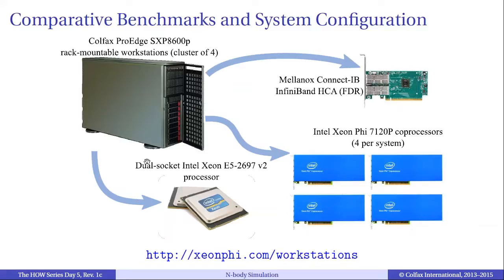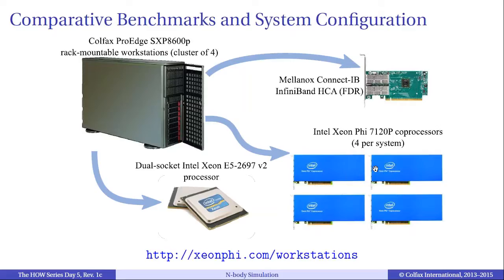So I mentioned we are going to use this computer. This is a computer built by Colfax called Colfax ProH SXP 8600P. This is actually both a workstation and a server, so you can put it on your desk, but it will not be very quiet, or you can flip it horizontally and put it in a rack.